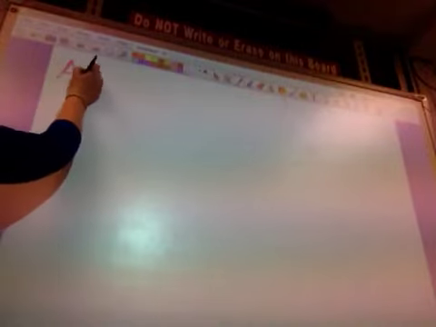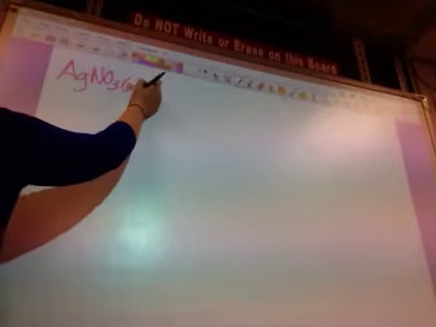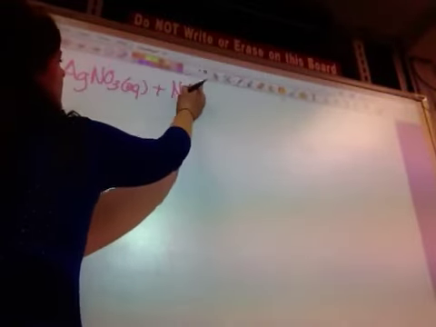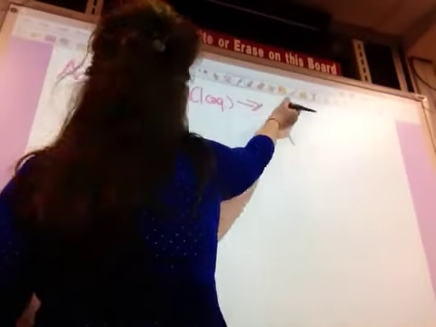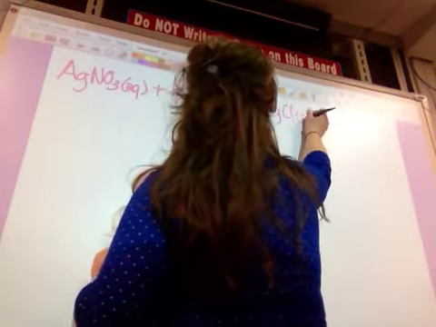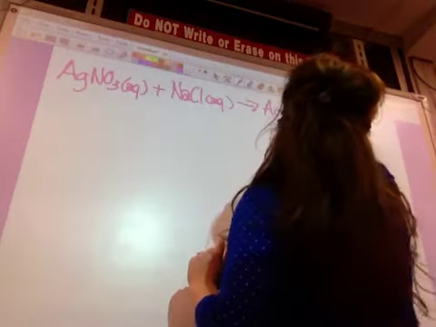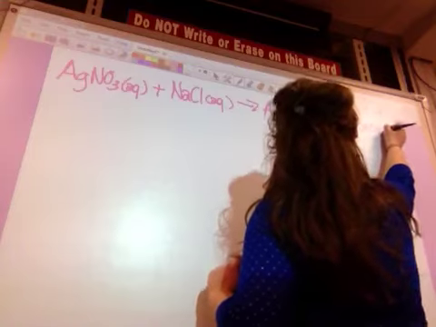We had silver nitrate, sodium chloride, and that formed silver chloride that was a solid, and sodium nitrate that was aqueous.